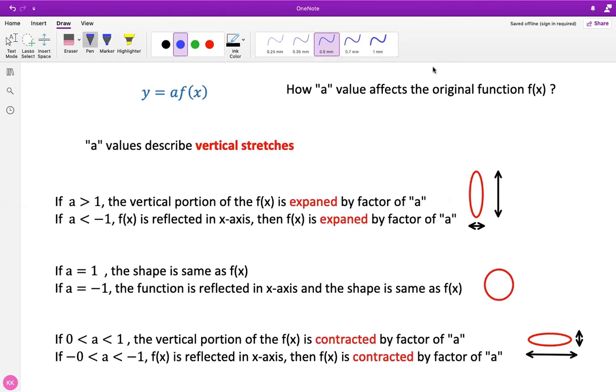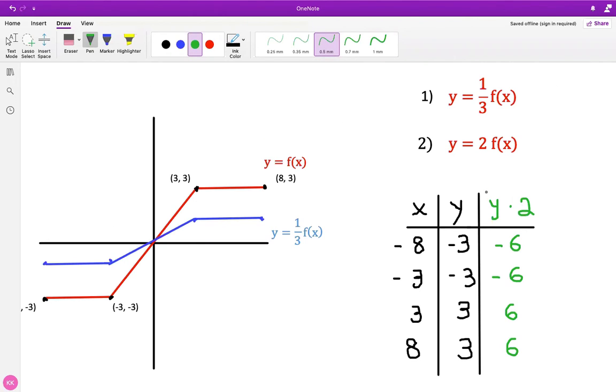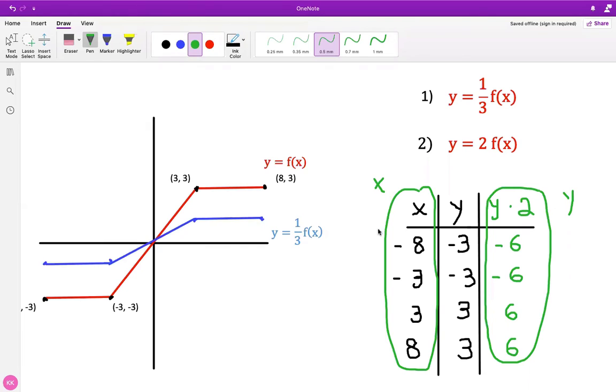Let's do this. If you multiply by 2 for every y value, I get -6, -6, 6, and 6 respectively. These new y coordinates belong to the function y equals 2 times f of x. I will use these two columns to graph the function y equals 2 times f of x.